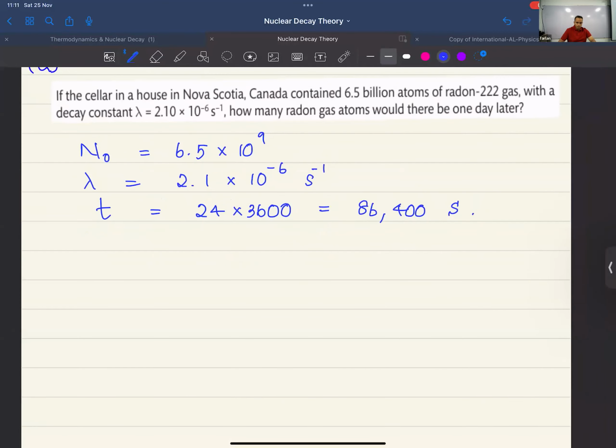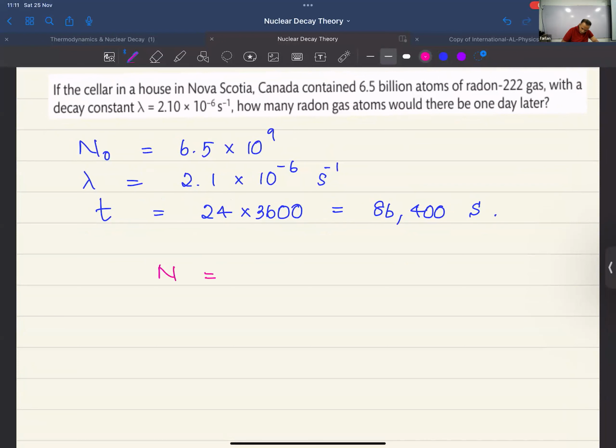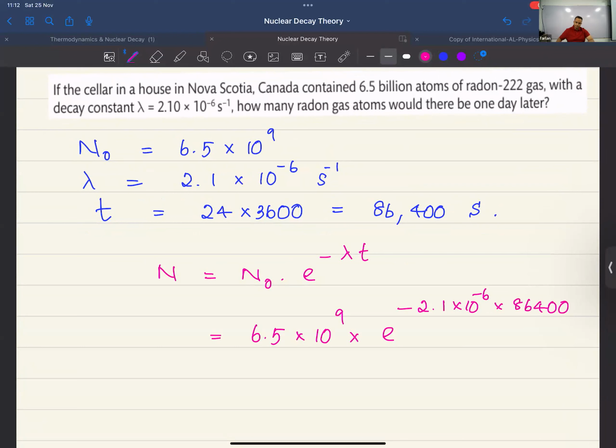You use the equation N equals N naught e to the power minus lambda t: 6.5 into 10 to the power 9 into e to the power minus 2.1 into 10 to the power minus 6 into 86,400, which is 5.42 billion.